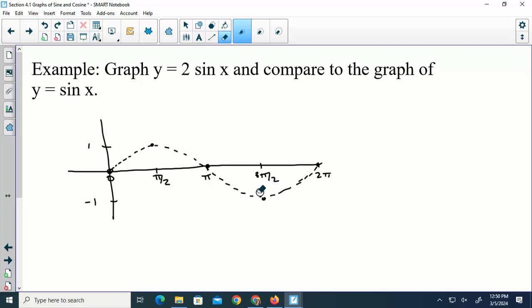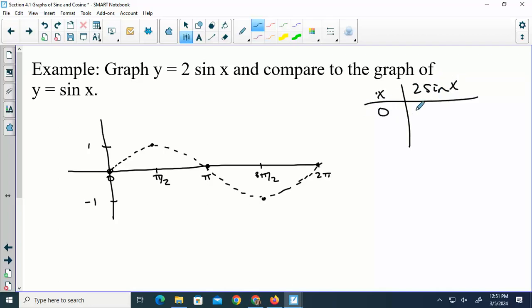So let's talk about 2 sin x. So if I said the sine of 0, your x is 0, so it's 2 times, what is the sine of 0? 0, and 2 times 0 is still 0. If I put in pi over 2, the sine of pi over 2 is 1, and 2 times 1 is 2.